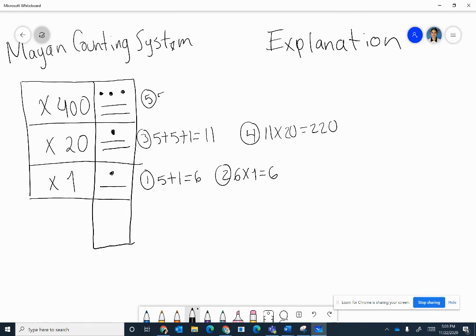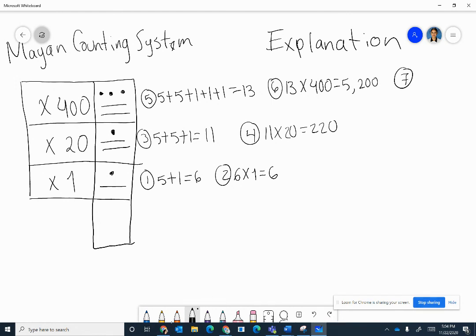Here we have 5 plus 5 plus 1 plus 1 plus 1 equals 13. 13 times 400 equals 5,200.